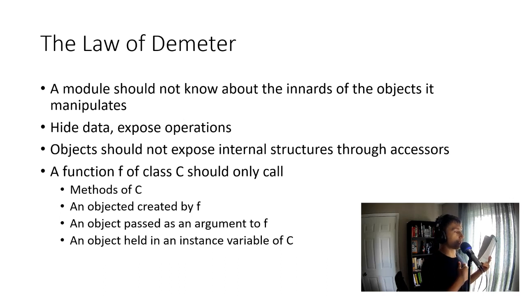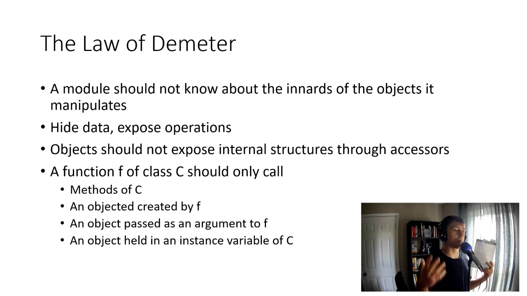Promote employee should only call an object created by F. So an object within that function, it should only call that. It should only call an object passed as an argument to F. So maybe for promote employee, you're passing in the employee that you want to promote. And also, F should only call an object held in an instance variable of C.